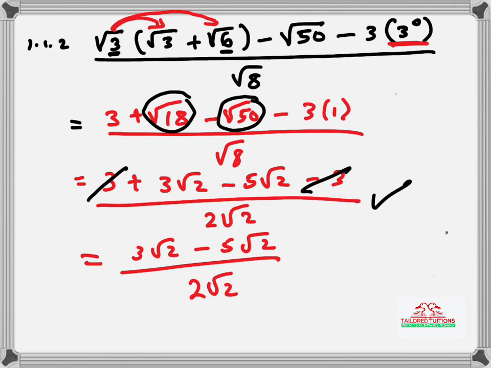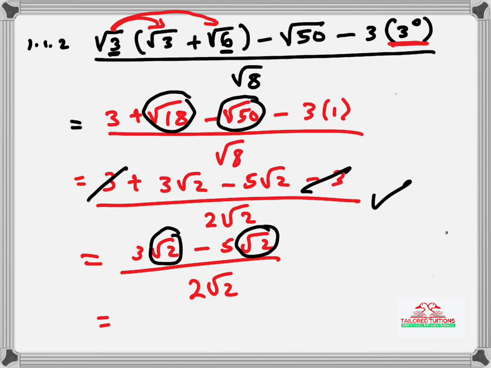Like I always say, there's always a relationship between the numerator and the denominator. I'm sure you can see here, this is square root of 2, this is square root of 2 and this is square root of 2. But looking at the numerator alone, you can see that square root of 2 is a common factor here. So let's factor out square root of 2.